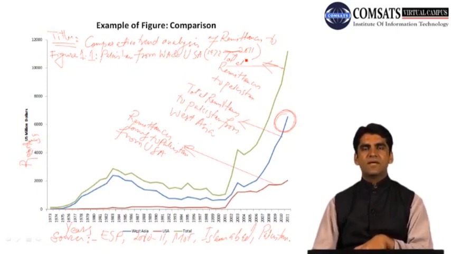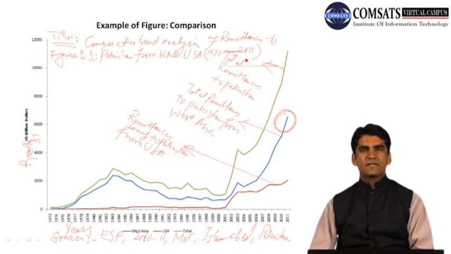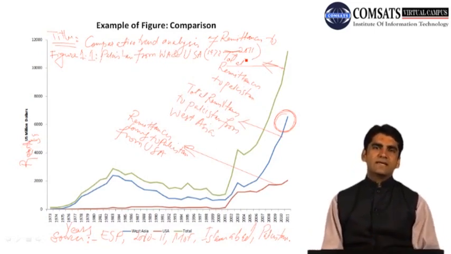If it is a new term, you can explain it if it is unusual also, but if it is commonly understood, then don't try to explain it again and again. Even if it is an unusual term, try to explain it when it appears first in your graph or table, and once it is explained, you need not explain it again whenever it appears.